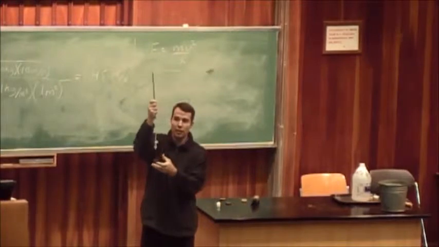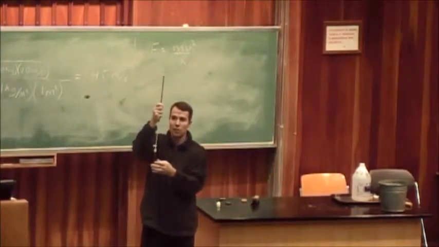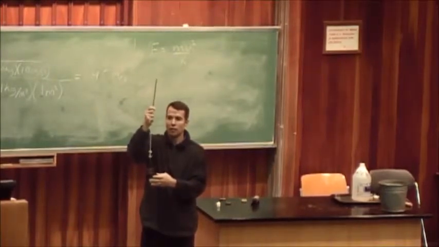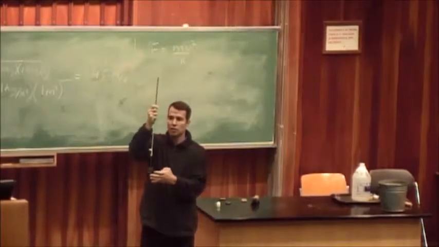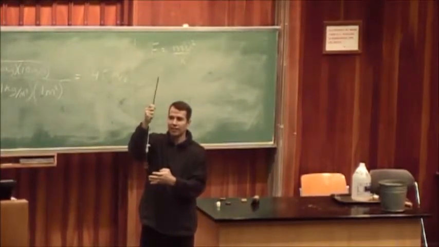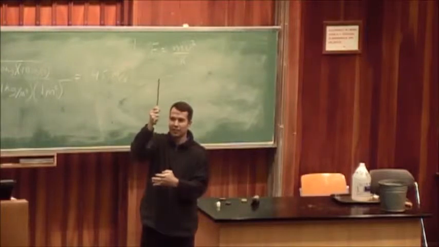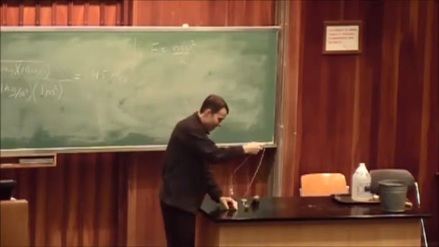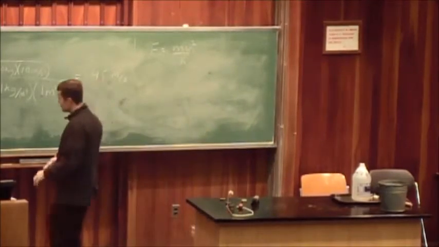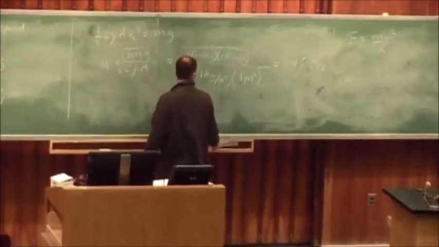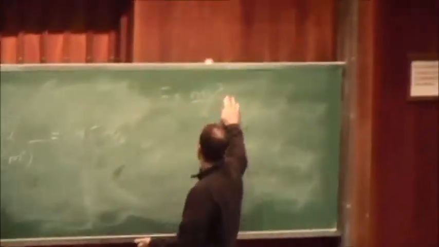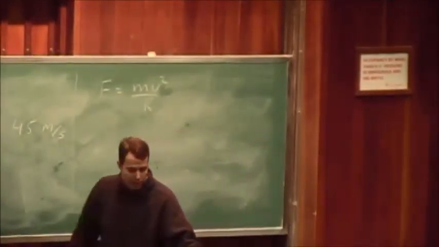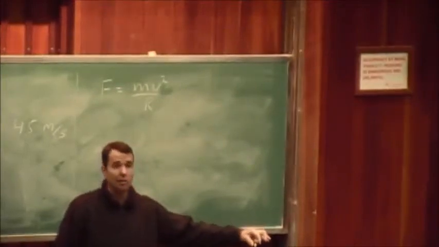Let's spin it faster. We should start with theory. Okay, so mv squared over r is basically the force needed to keep this going around in a circle.